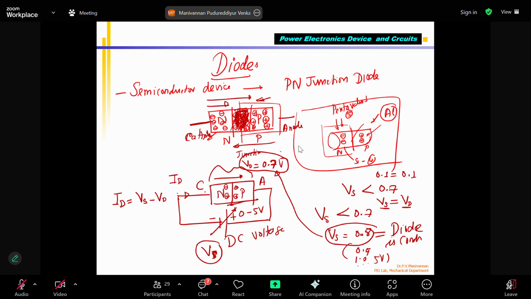Now, once the current starts flowing, the diode also has resistance. We call it diode resistance, note down. In the previous class I said RD. That means internal resistance of the diode. Okay. Now, we already talked about this in the previous class.